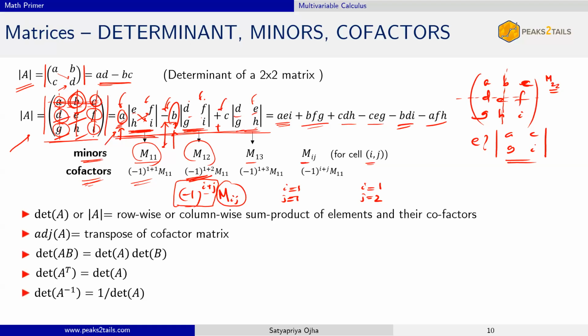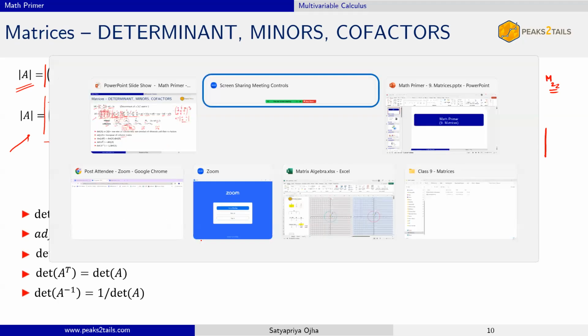There could be other applications, I'm not aware, but think of minors and cofactors as a means to calculate determinant. There is also something that we calculate called adjoint. Adjoint is used in calculating inverse. For adjoint, you need to know the cofactor matrix. I'm coming to that. Just wanted to quickly show you something.